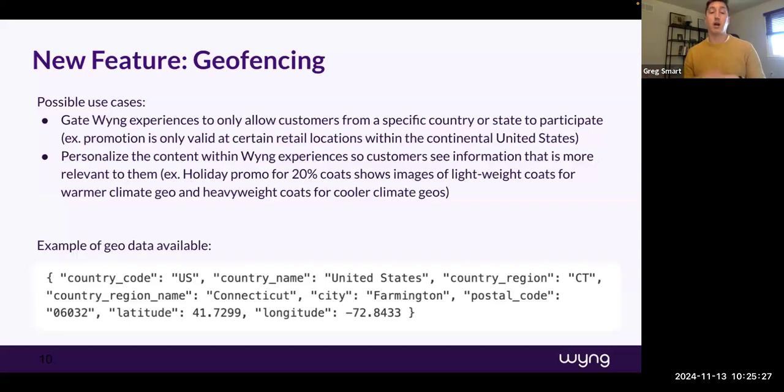You can split it up where if someone in Georgia or Florida accesses the page, you show a lighter weight jacket because it just doesn't get as cold in Florida or Georgia as it would somewhere up in the Northeast, where you could show a heavier weight jacket, since their winters are significantly colder than someone living in Georgia and Florida. So it allows you to personalize the content based upon where a user is accessing the page from.